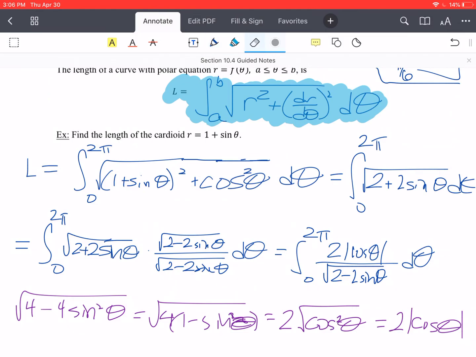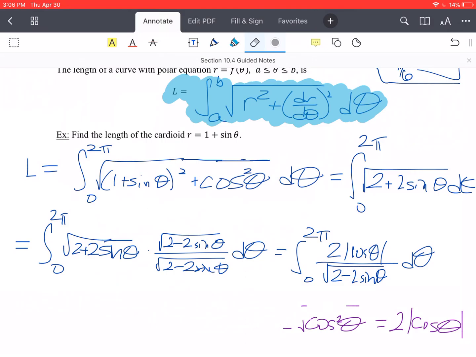Again, I'm going to erase the purple, so if you want to write it down, pause it now. At this point, we would need to split this up because the cosine has the absolute value on it, and we can't get rid of that because we're going over the entire interval from 0 to 2 pi.